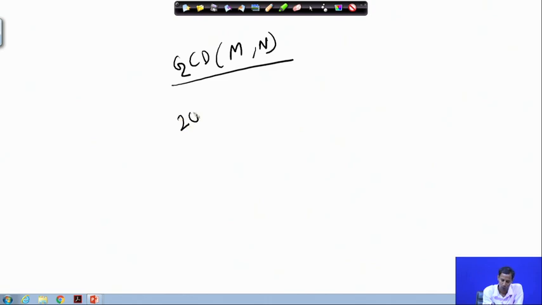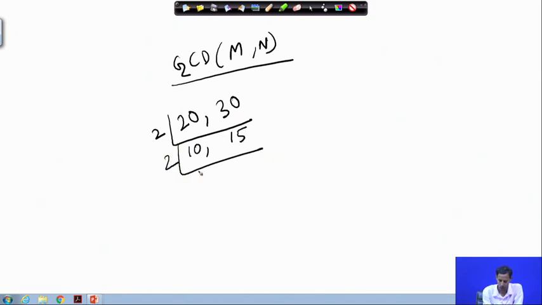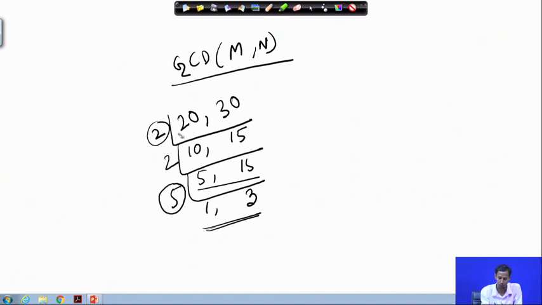Okay. So, 20 and let us consider 30. Initially how can we find it out? Dividing by 2, here 10 and 15, then by 5, here 2 and here 3. Then what is common? 5 is common in both cases and 2 is common for both cases.